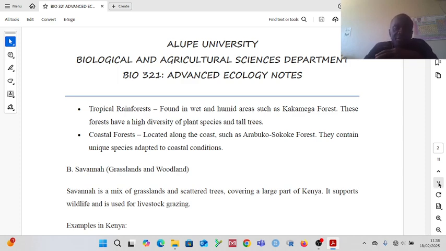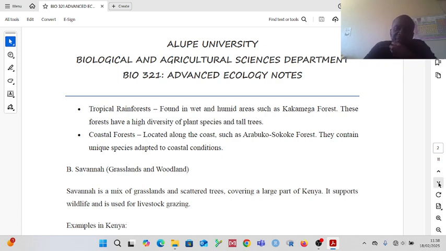Still examples of the forests, you now find the tropical forests. These are found in areas that are fairly wet and humid. So you talk of, for example, Kakamega forest. And these ones, because of the climate, you find a higher diversity of plant species within the tropical forests, rainforests.